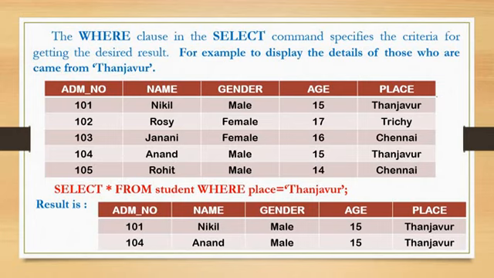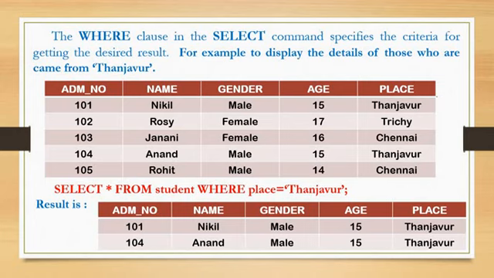Otherwise we can specify the columns. For example, if I want to display only the admission number and name, I can specify that: select admission number comma name from student where place equal to Tanjavur. Then only the admission number and name of those who came from Tanjavur are displayed. With the star, it displays all the columns.